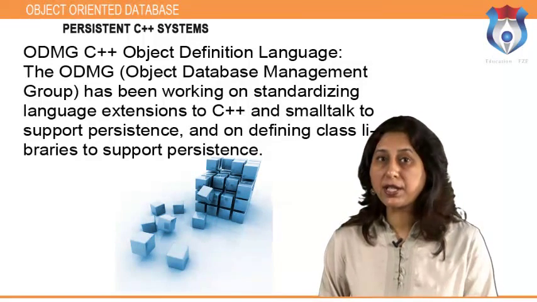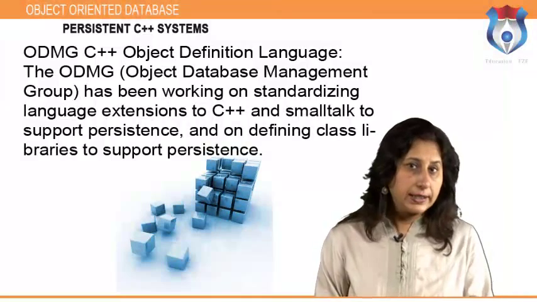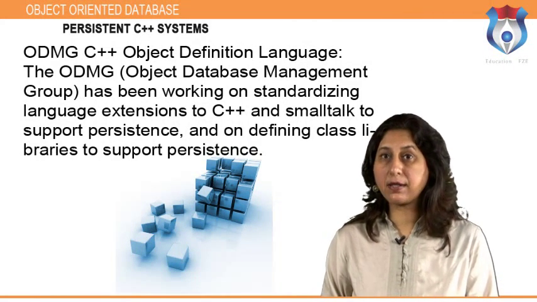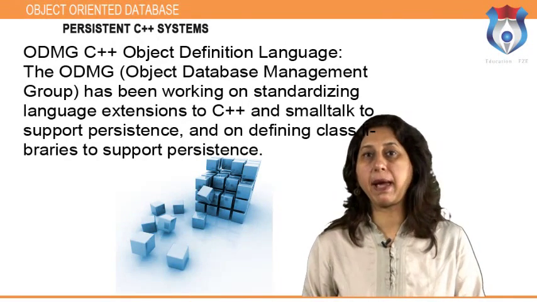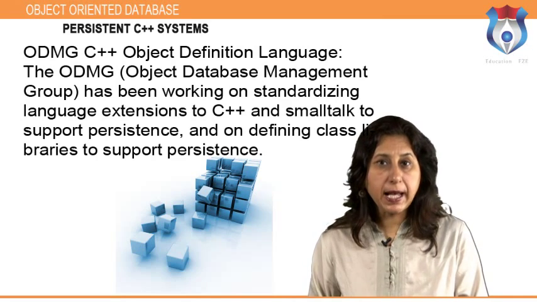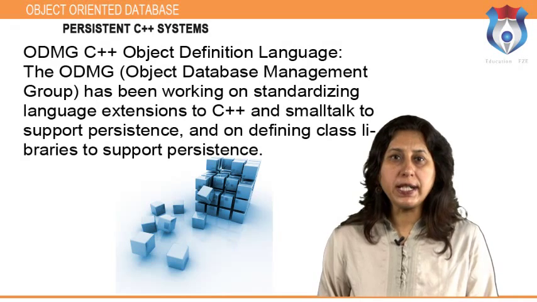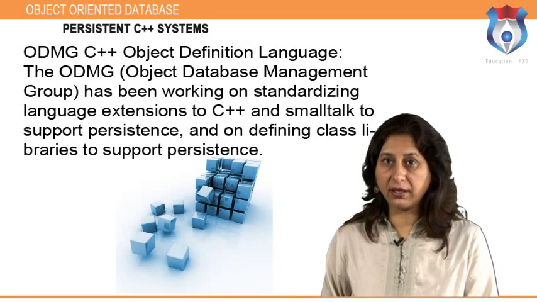There are two parts to the ODMG C++ extension: the C++ Object Definition Language, C++ ODL, and the C++ Object Manipulation Language, C++ OML. An example: the ODMG C++ Object Definition Language is in the figure.